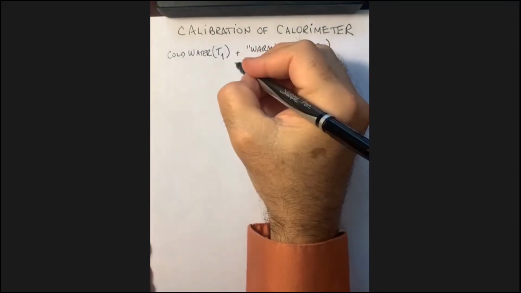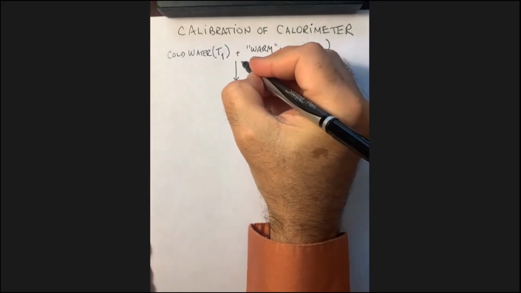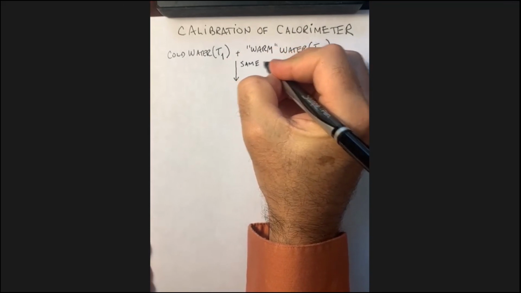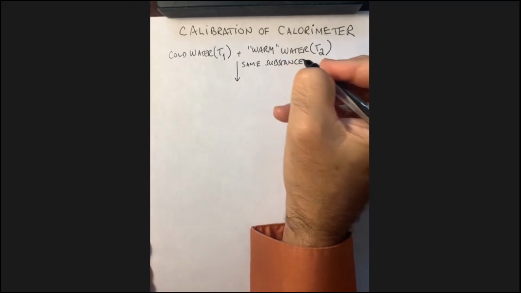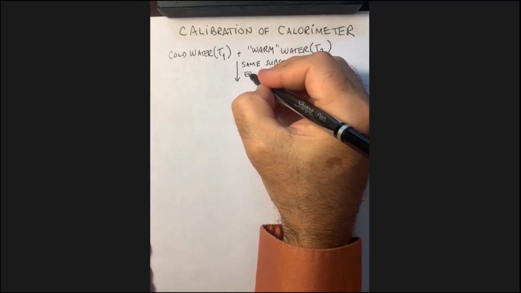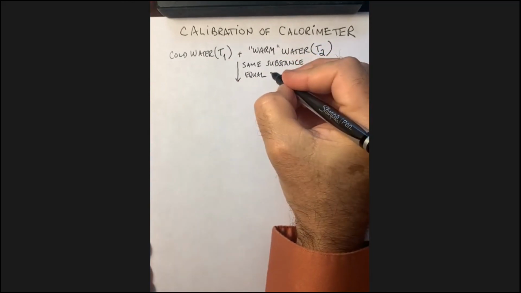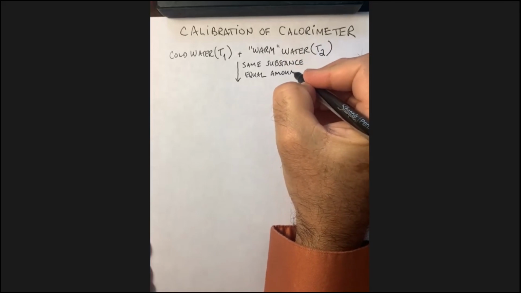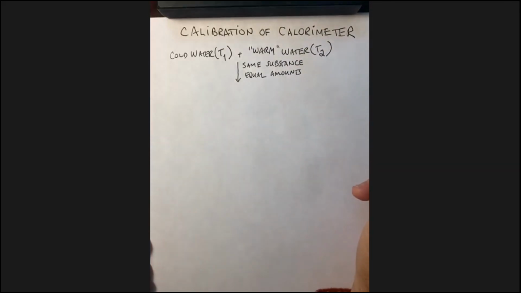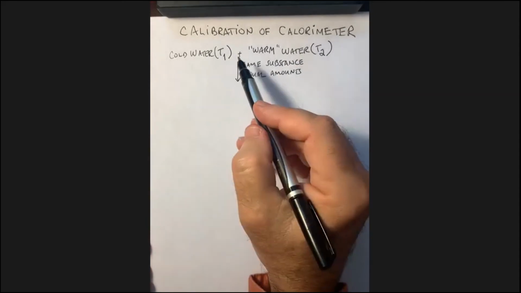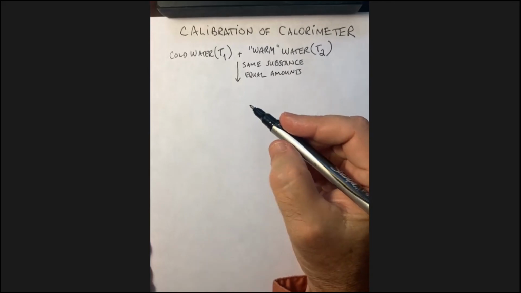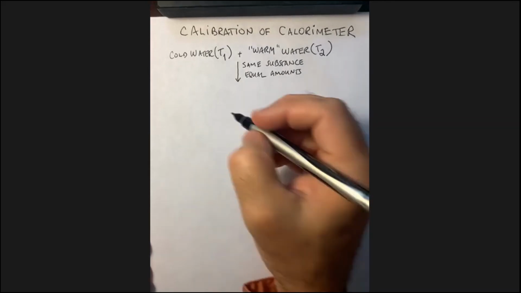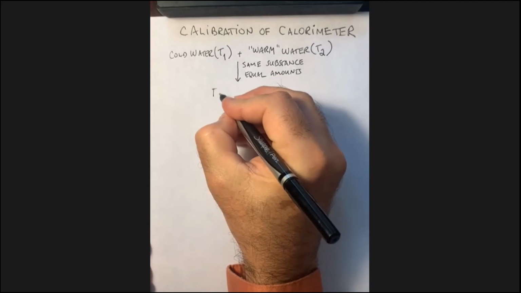Now, when you mix, you have the same substance. And also, you are mixing equal amounts of the water at each temperature. So that means that whatever temperature change you observe should be due simply to the difference between the temperatures of the cold and the tap or warm water. And we're going to call that T final.